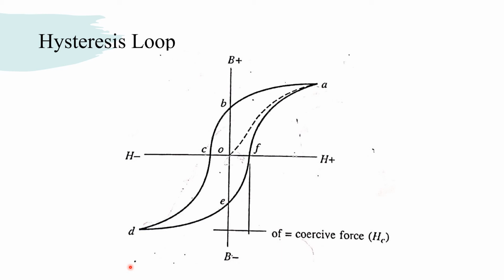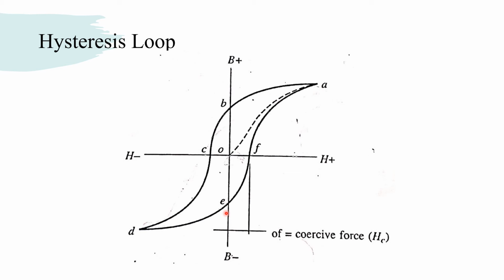Reducing H to 0 brings the curve to point E. It will have a level of residual magnetism equal to that achieved in the other direction.